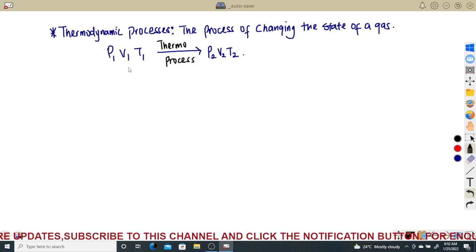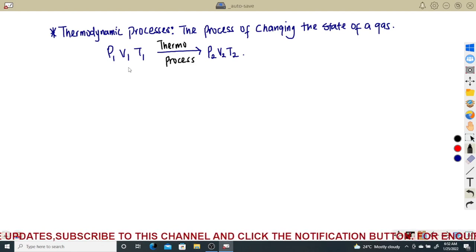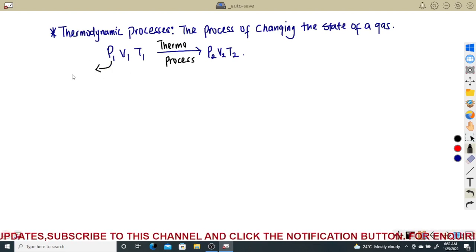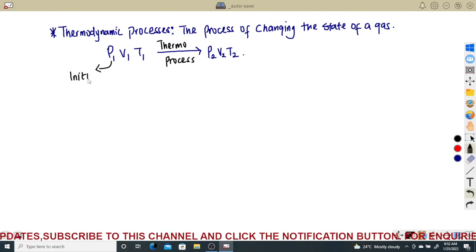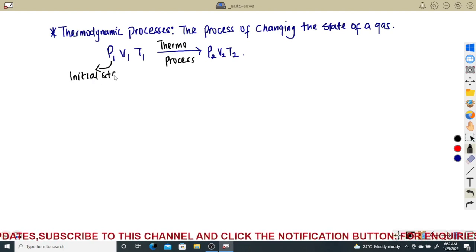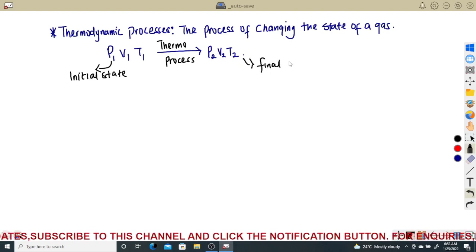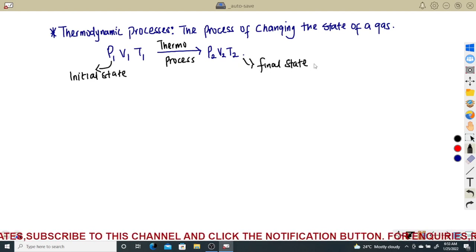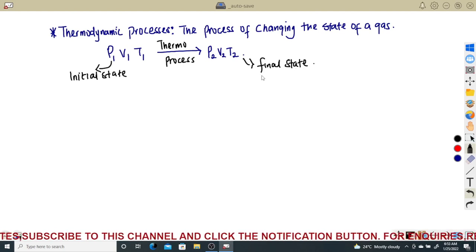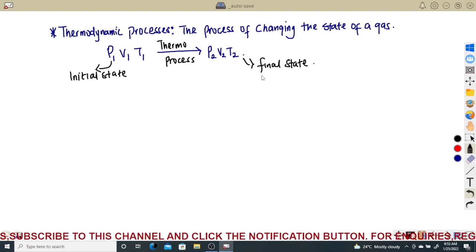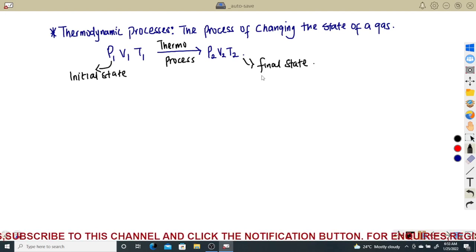A process that involves a change in pressure, volume, and temperature of a gaseous substance is called that, whereby the starting point is called the initial state of the gas, and here we call the final state of the gas. Most of these things are taken in chemistry, where we talk about when volume is constant, when pressure is constant, when temperature is constant.